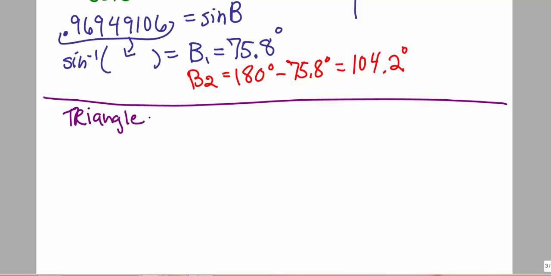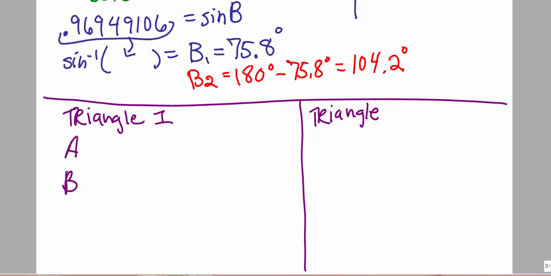So we want to consider the case that we might have two triangles, triangle 1 and what we would call triangle 2. And triangle 1 would come from angle B coming from quadrant 1. And for triangle 1, we want to know all three parts. We want to know all three angles and all three sides for what we would call triangle 1.